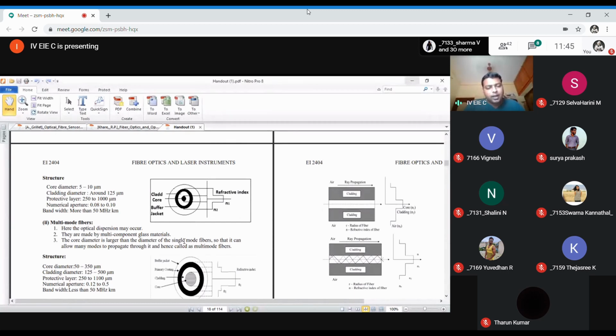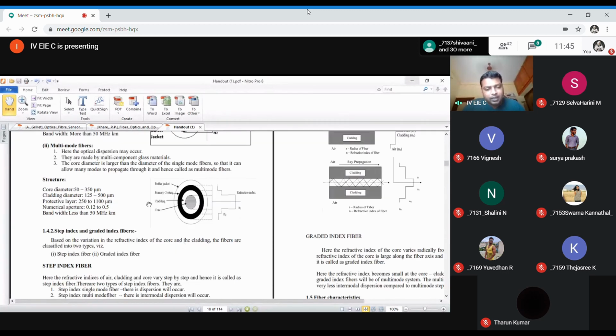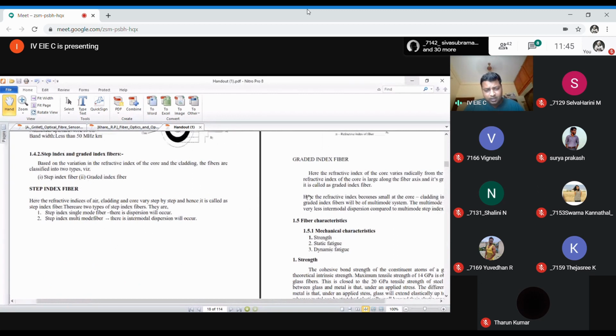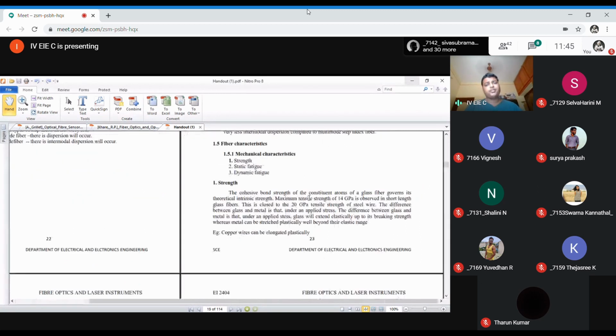If we go for multimode fibers, it will be like this: the diameter of the core will be slightly higher compared to that of the step index mode. Now, the next thing we are going to study is the fiber characteristics, the characteristics associated with the fiber.